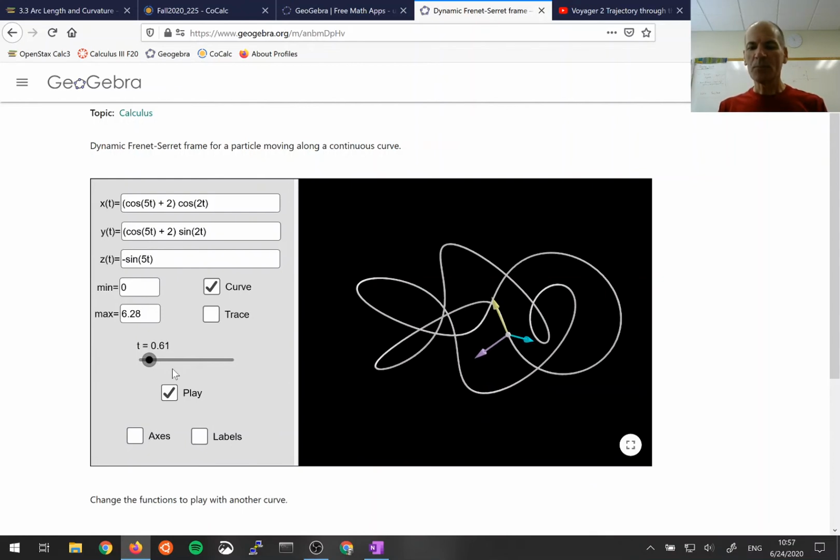So the purple vector does for the turquoise vector what the turquoise vector does for the yellow vector. In other words, the purple vector, the binormal vector, is telling me which way the tip of the turquoise vector, the normal vector, is about to bend. And as I advance this, we can see that it's about to bend in this direction, and that's what the purple vector is telling me. And as I step, you can kind of see that.